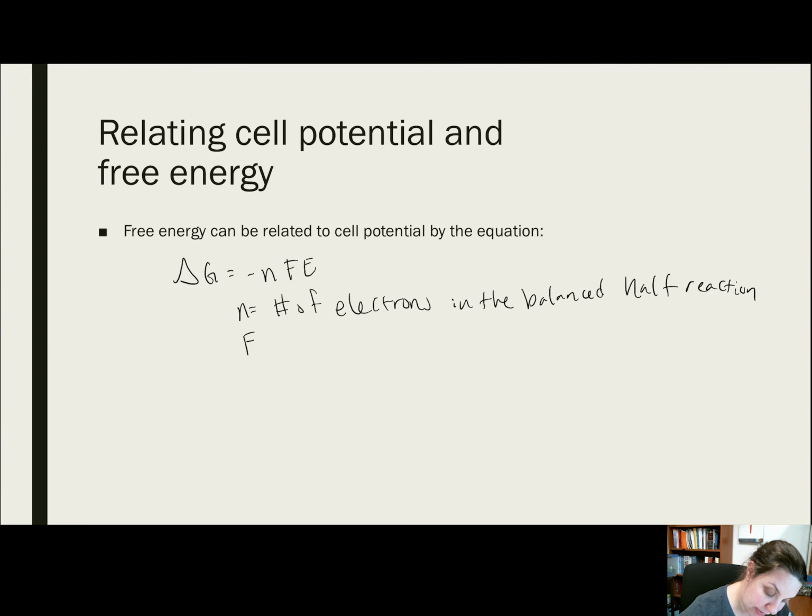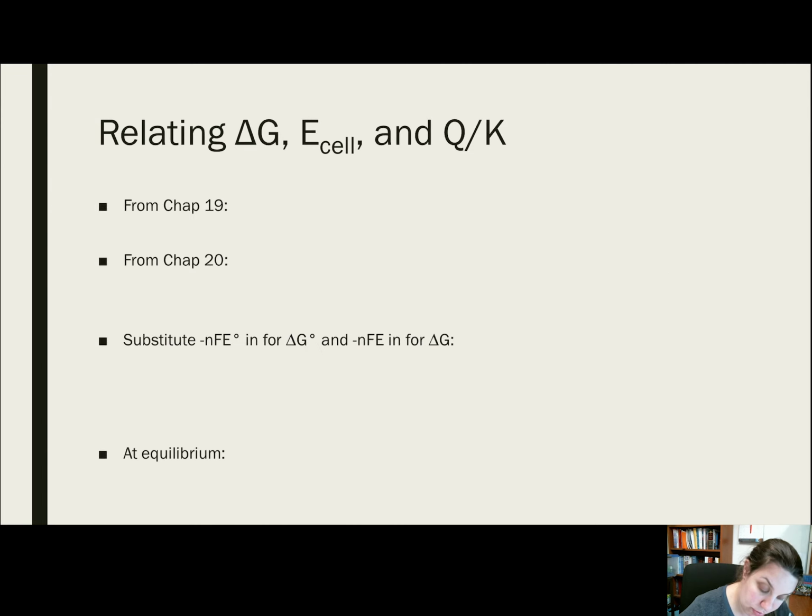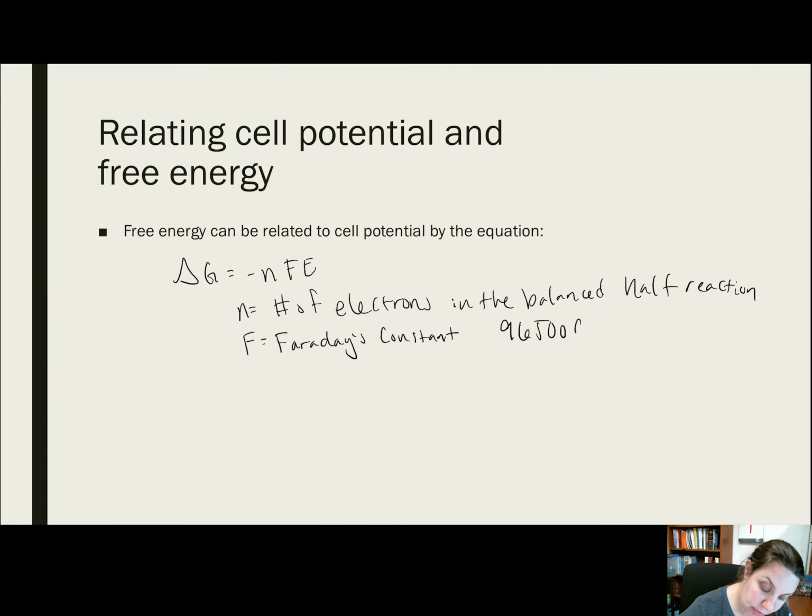F is Faraday's constant, which is given as 96,500 coulombs per mole of electrons. And then E cell is our cell potential.